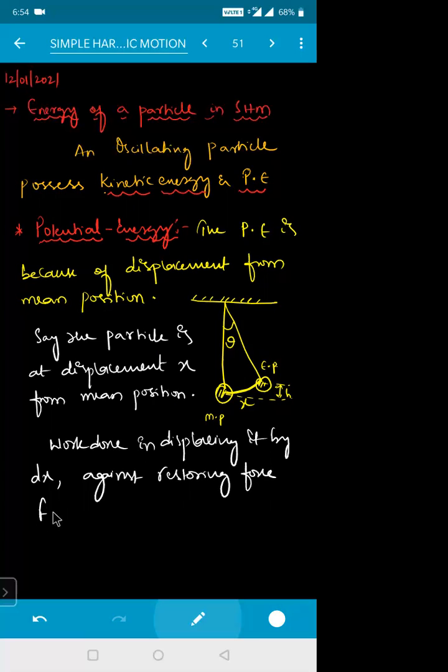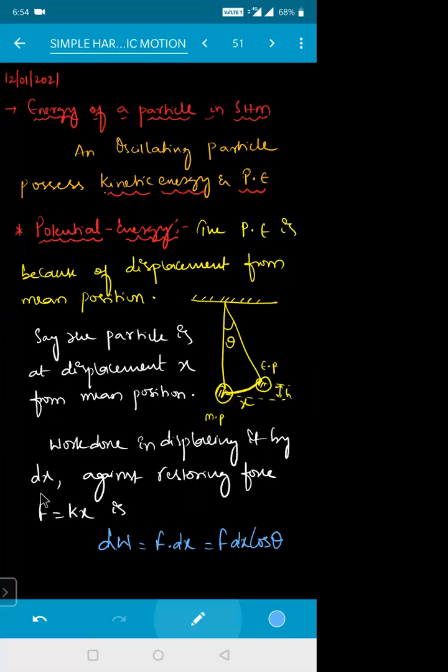F is equal to how much? F is equal to k into x. How to write the work done formula? Can you tell me? Work done formula is written as dW is equal to force into displacement, that is F dot dx, or that is equal to F into dx into cos theta, isn't it?